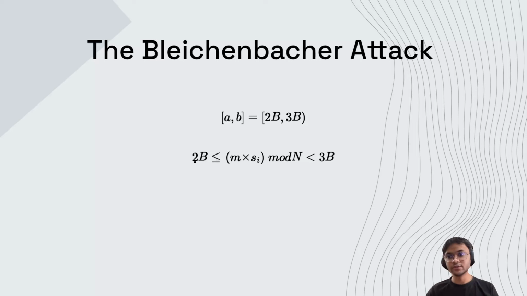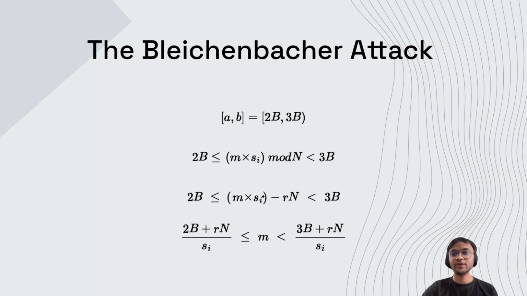This congruence implies that there exists an r that results in this value also being in the same range, 2B to 3B. Now, if we rearrange this, we get a constraint on m: 2B plus r times n, over s_i. So m should be greater than or equal to this value, and it should be less than 3B plus r times n, over s_i.